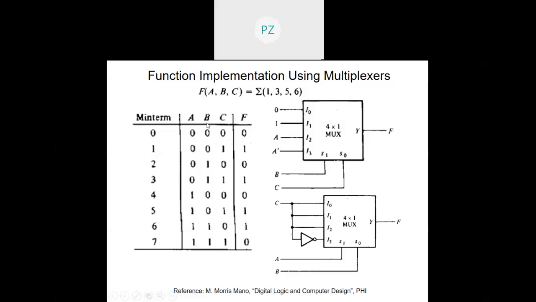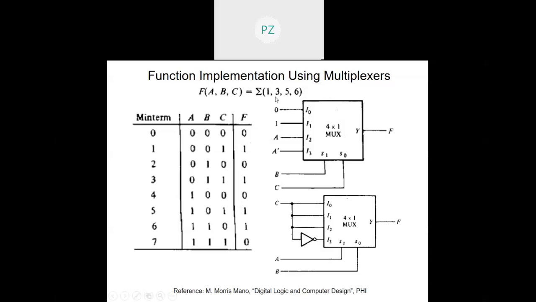So in the case of 3 inputs, I am having a 4 is to 1 multiplexer. If I want to realize a 4 variable function, then I should have an 8 is to 1 multiplexer. In order to realize a 5 variable function, I should have a 16 is to 1 multiplexer, and so on. That is point number 1.